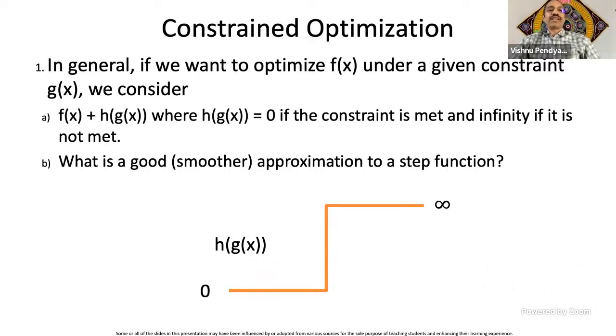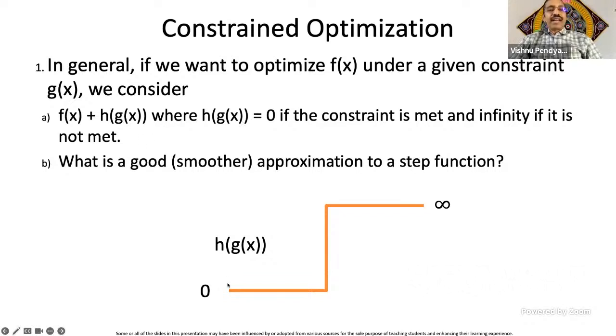We don't know what that function is. We want that function h of g of x to be 0 if g of x is followed. If the constraint is met, then we want this function to be 0. And if the constraint is not met, we want h of g of x to be infinite, so that it will penalize. It will make it very difficult for this term to be minimum.